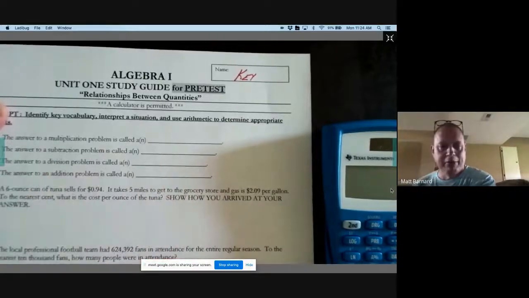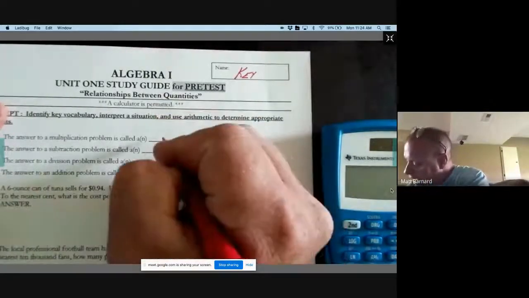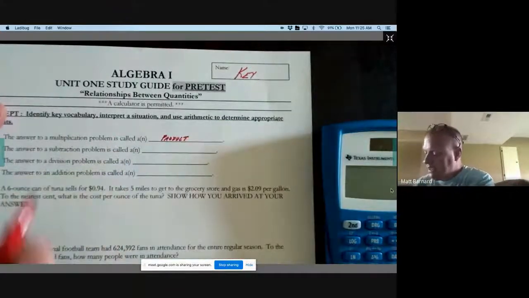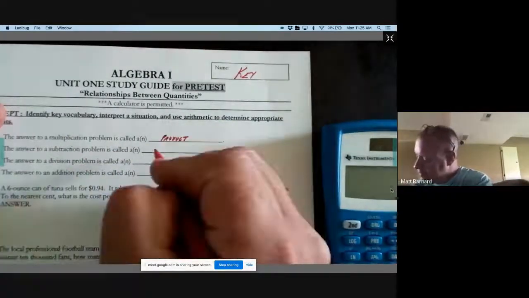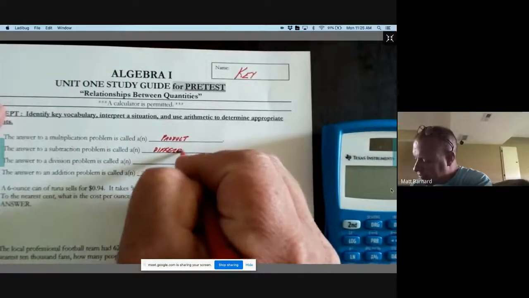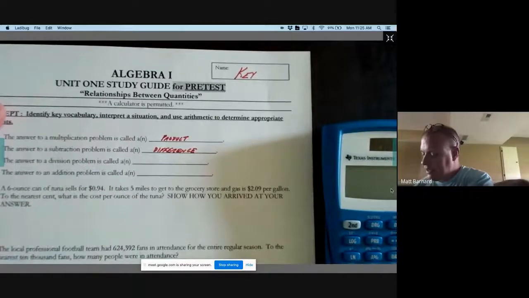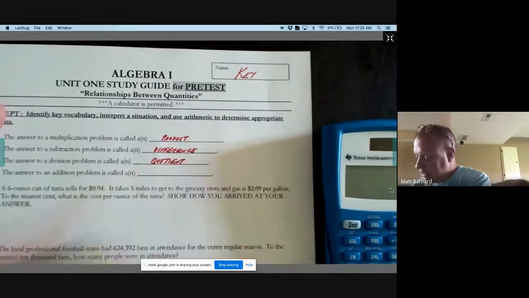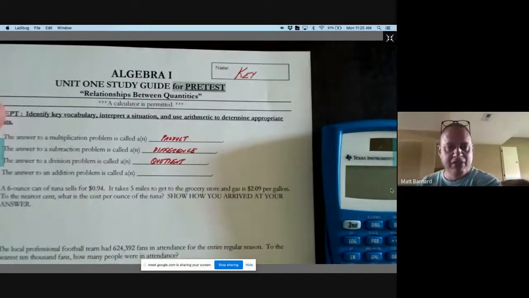So the answer to a multiplication problem, little vocab, is called a product. The answer to a subtraction problem is called a difference. The answer to a division problem is a quotient. And the answer to an addition problem is called a sum.